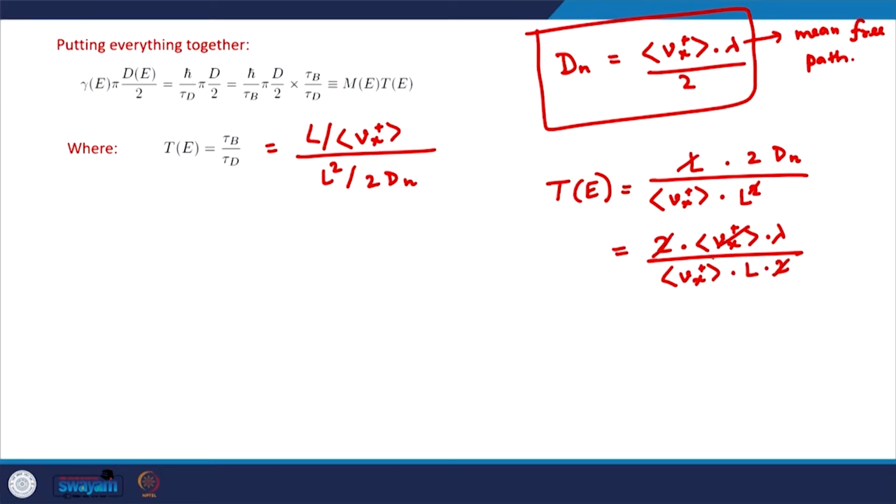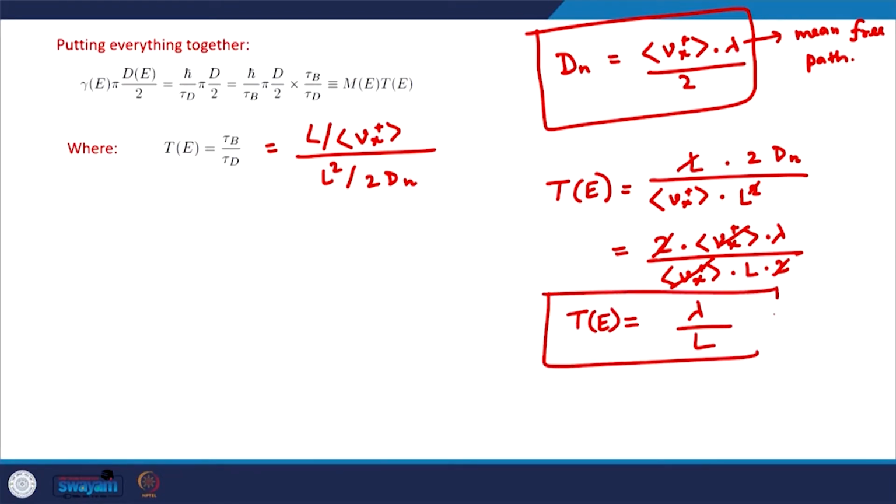So, what is left is this. This is the case when the channel is extremely large as compared to the mean free path. So, this comes from the scattering theory when L is extremely large as compared to the mean free path of the electron, which means that the transport is purely diffusive transport.